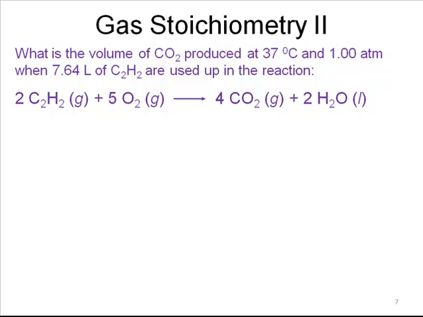The cool thing about this is if you've got liters of this, what's the relationship between C2H2 and CO2? Okay, it's a 2 to 4 relationship, so 2 of these to 4 of those. The really cool thing is we usually call this a mole ratio. But if moles and volume are proportional, it's now a volume ratio.